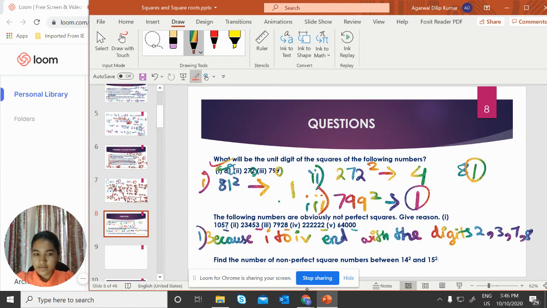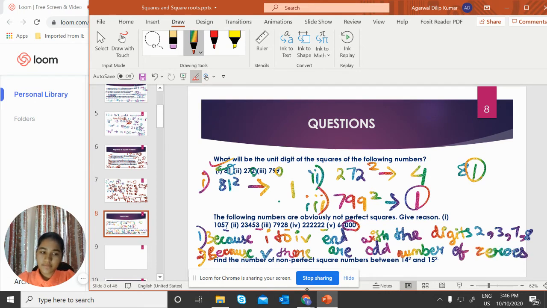But over here, there are an odd number of zeros. There are 3 zeros, right? So it's not possible. So the second reason: because in the fifth sum, there are an odd number of zeros. An odd number of zeros is never present in a perfect square.